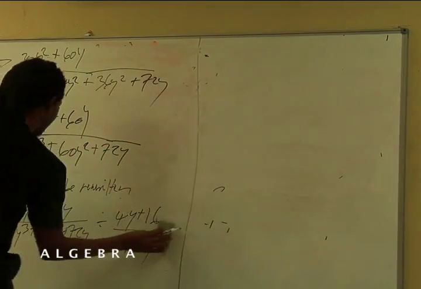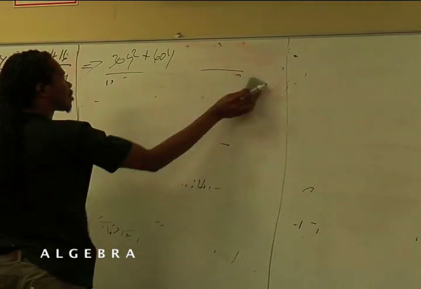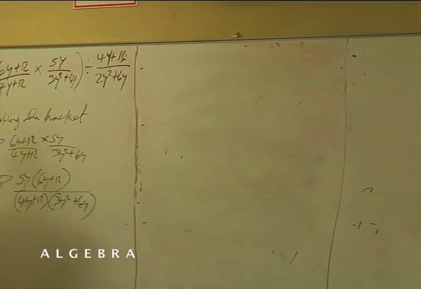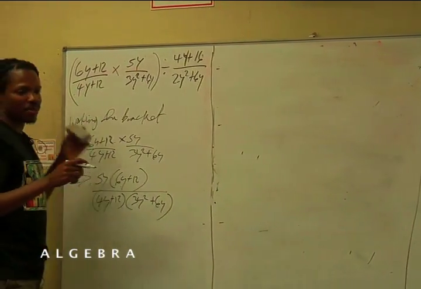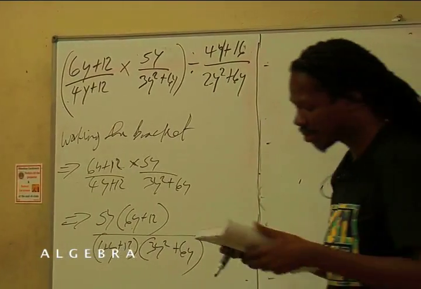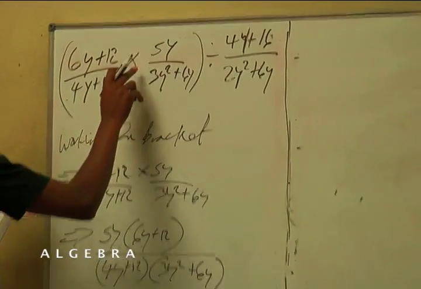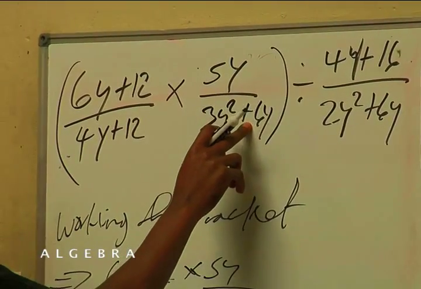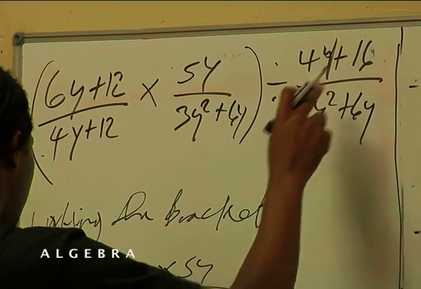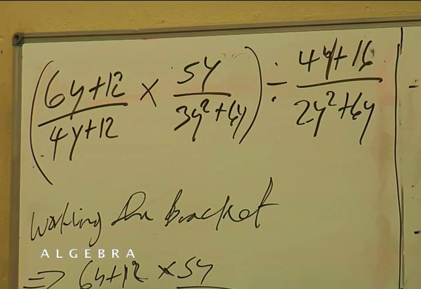All right. Come again. I wrote the bracket first. Let me make sure I said the question right. Last time we made a mistake about the question, we were wrong. 6y plus 12 over 4y plus 12 times 5y over 3y squared plus 6y, divided by 4y plus 16 over 2y squared plus 6y.